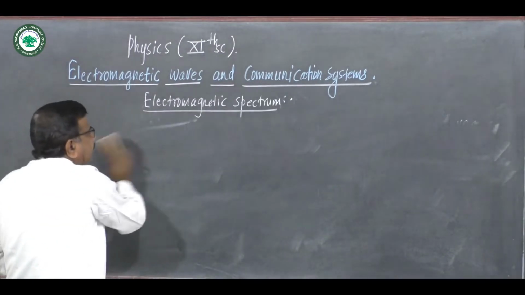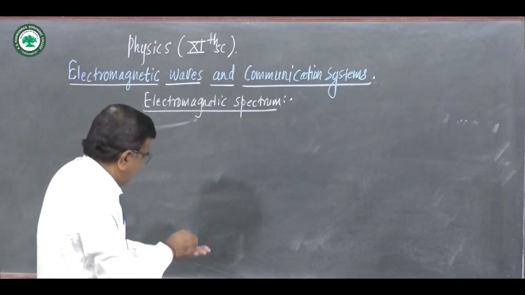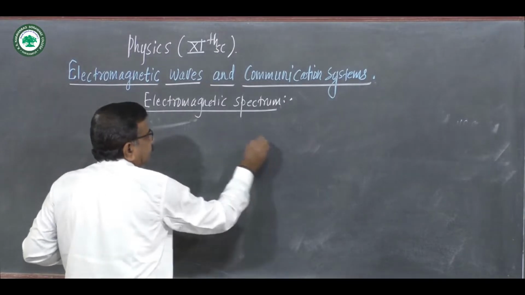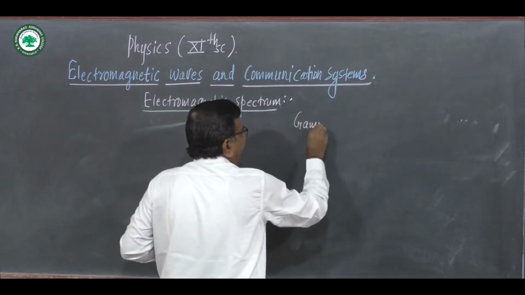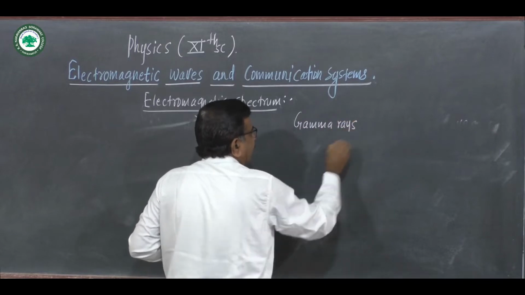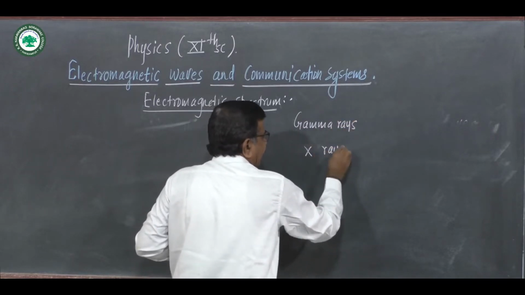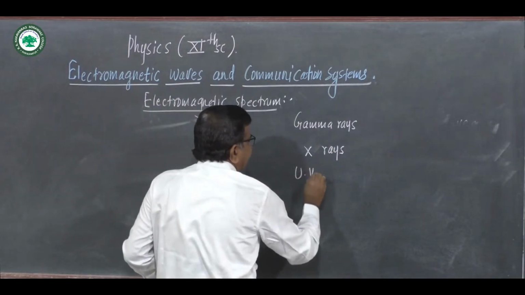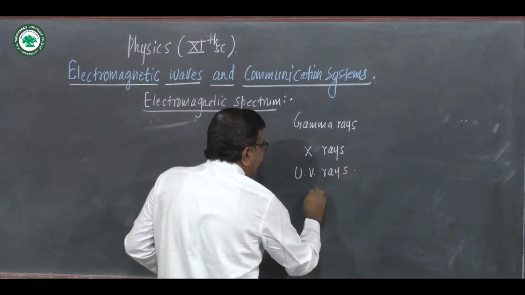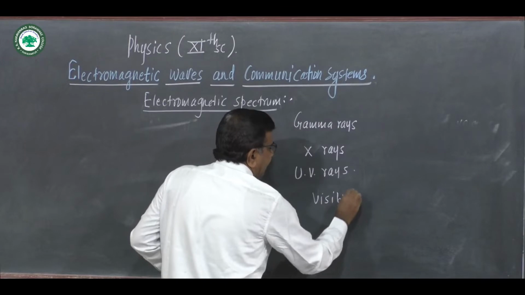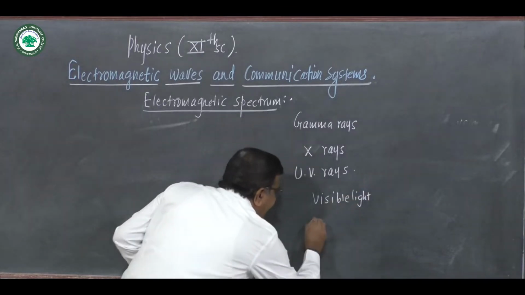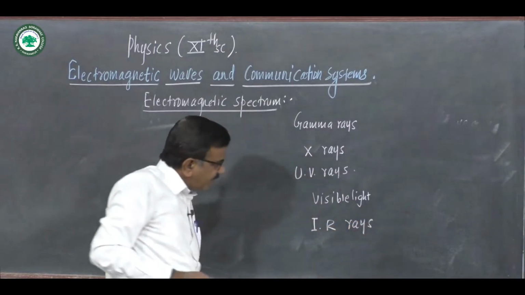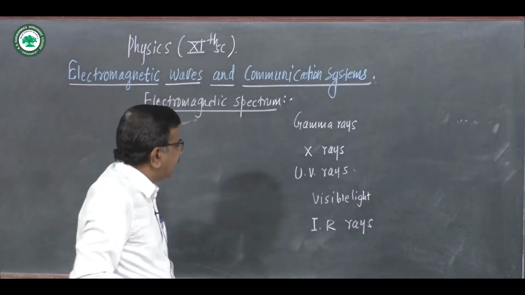Now we see the electromagnetic spectrum. It consists of gamma rays, X-rays, ultraviolet rays, which we call UV rays, visible light, infrared rays, that is IR rays, microwaves and radio waves.